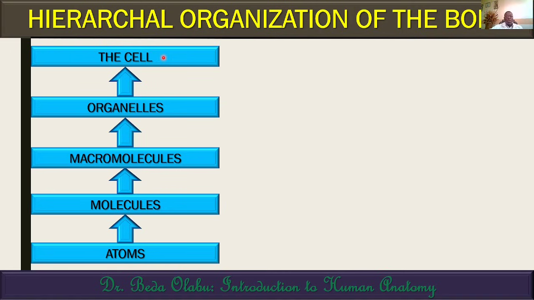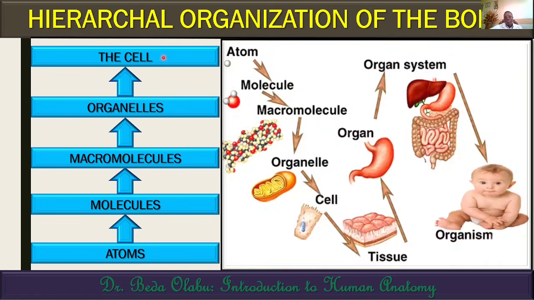Multiple cells would combine. We have many cells in the body, but these cells can combine. Similar cells combine to form tissues.